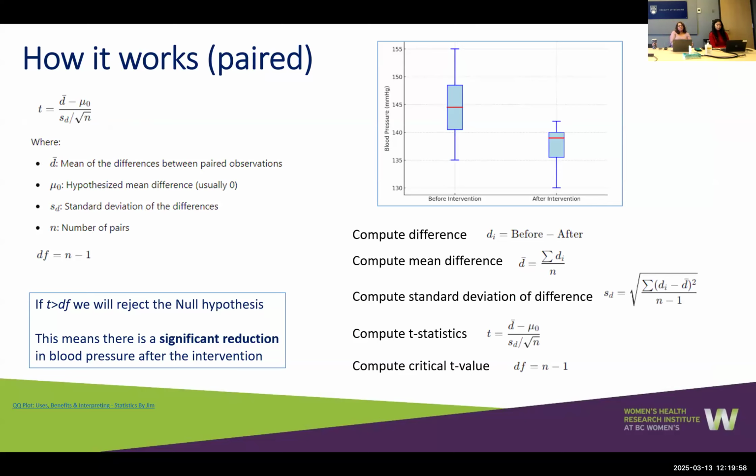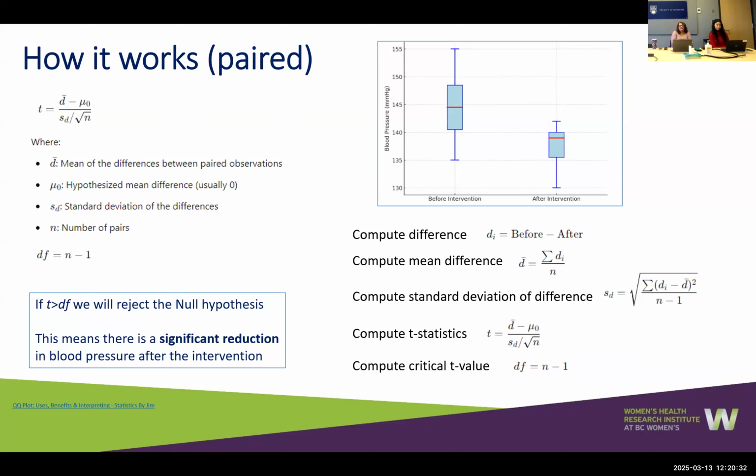So now we're going to the paired test. Here we're measuring something before and after, or at two different time points, for the same person. One of the good visualization examples here is a simple box plot. We measure the blood pressure before exercise and after, and we plotted them using a box plot to see the summary of our distribution, and we can see if there is a difference between blood pressure measured before and after.